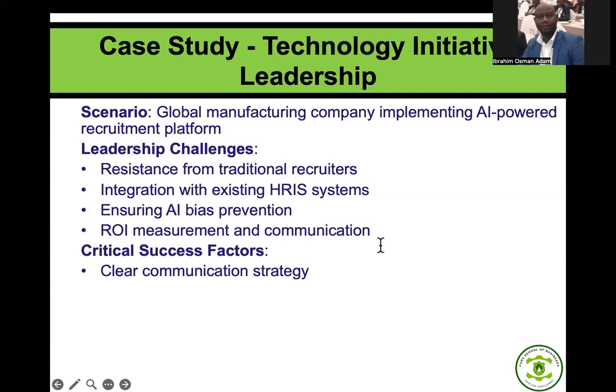Without a clear communication strategy, you are doomed to fail. Because the resistance you are going to face as a leader, they are not going to be mean resistance. Some will go to very high lengths to ensure that the project will not start off. To avoid all this chaos, the best bet would be to ensure that there's what? A clear communication strategy.